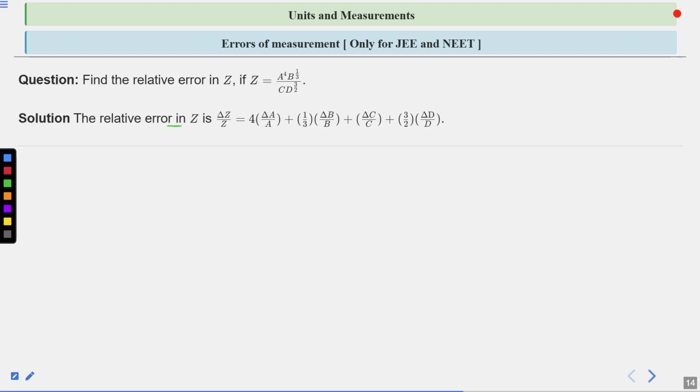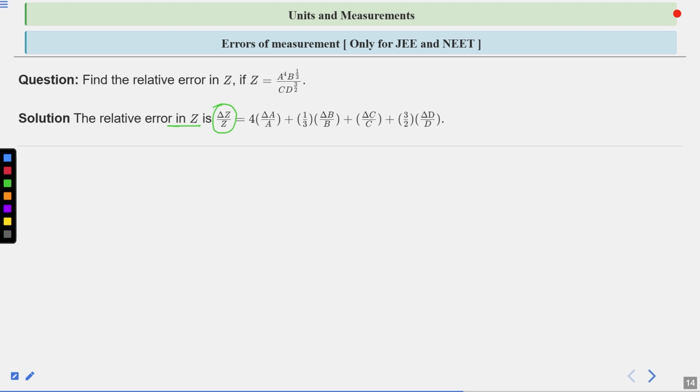The relative error in z is delta z by z. Here the power is 4, so the power comes as a multiplier with the relative error of a. So it will be 4 into delta a divided by a plus the next term, b. The power is 1 by 3, so 1 by 3 into delta b divided by b, plus c.